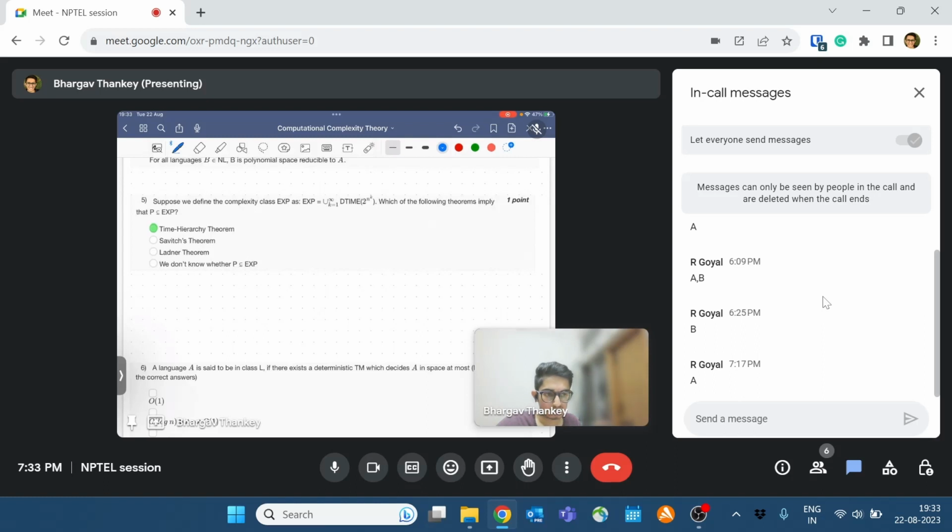So clearly, whatever I write here, n is a small o order of the exponential thing, right? Say n is a small o order of 2 raised to the power n. So maybe because of this, the requirement of the time hierarchy theorem is fulfilled here.